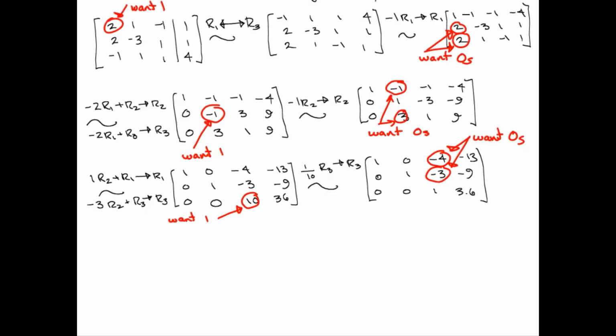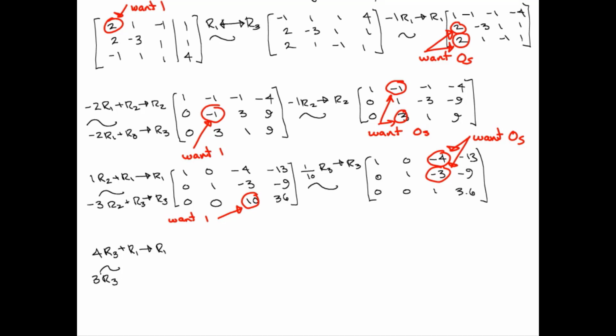Okay, and now we need to get zeros in that third column in the right places. So these two guys need to turn into zeros. So that means positive 4 times the row that has the leading 1. So that'll be row 3. Add it to the row you're working with, and then back into that same row.